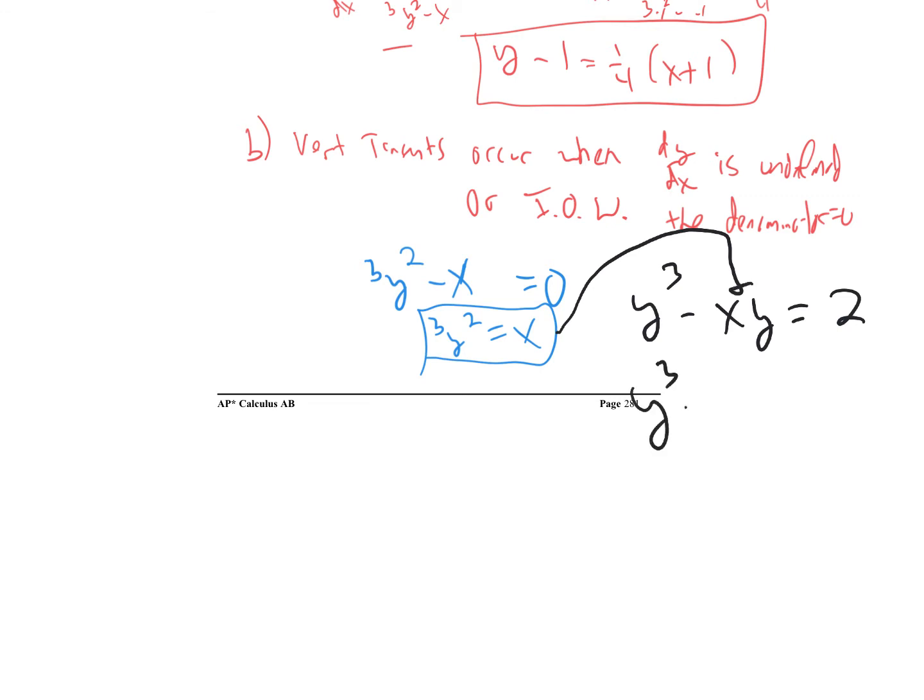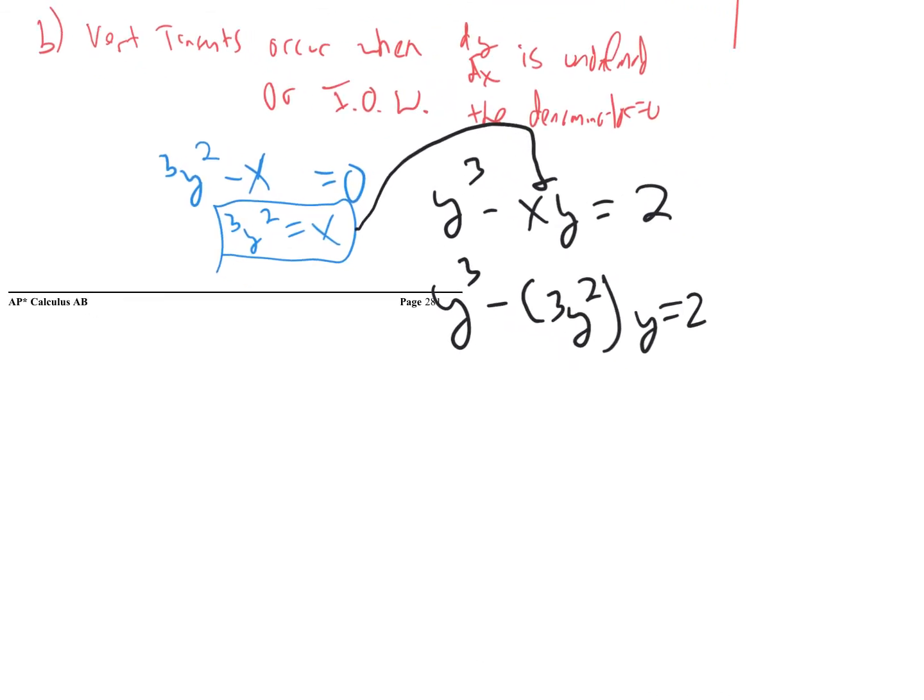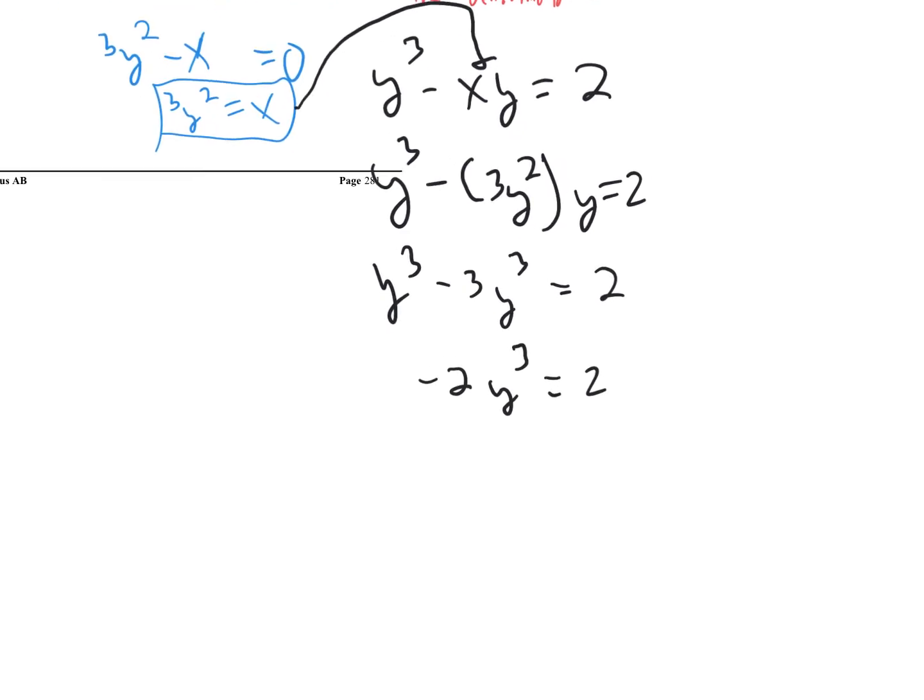Y cubed minus 3y squared times the y has to be 2. So you see, you've created an equation in which only y appears. Y cubed minus 3y cubed, I believe that's what it gives me, equals 2, which is negative 2y cubed equals 2, which is y cubed equals 2 over negative 2.